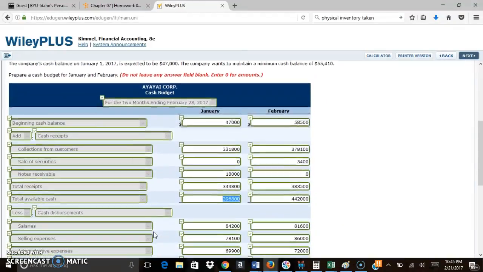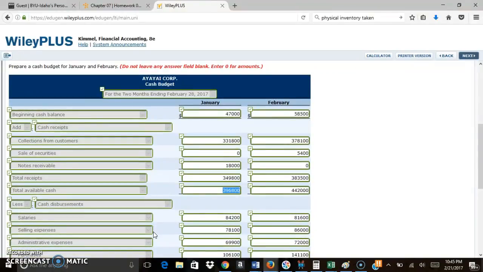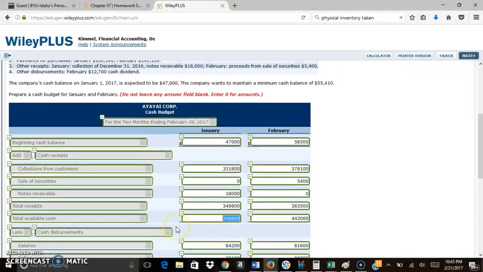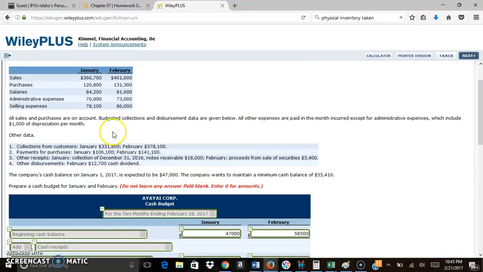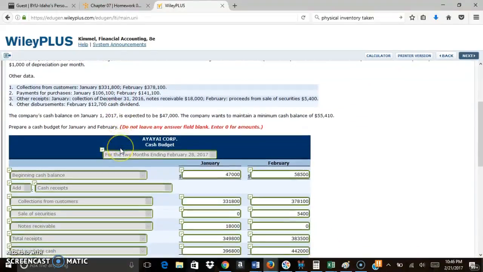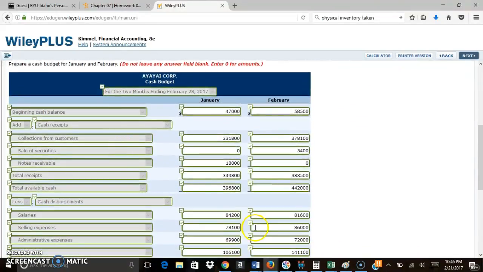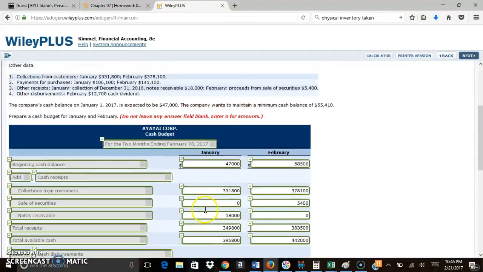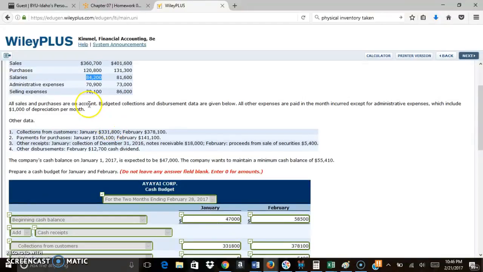So the next thing that they have is salaries, which was $84,200, which was up here, and put it down here. And then selling expenses for $78,100. Those selling expenses are up here.